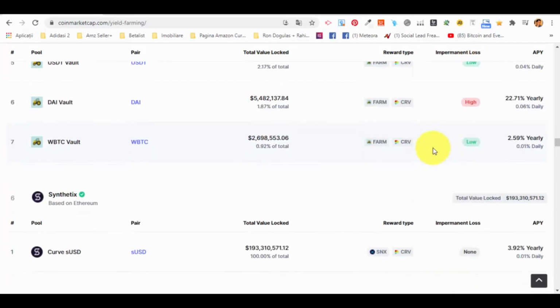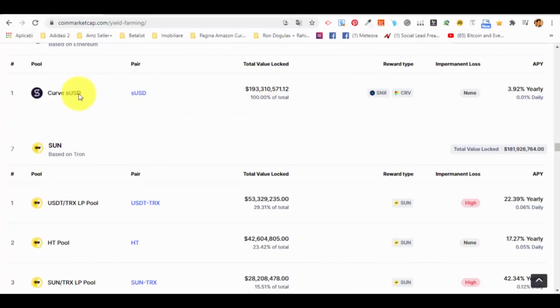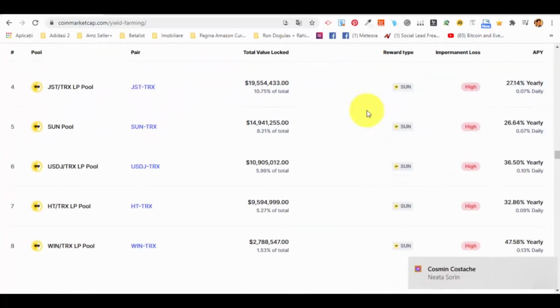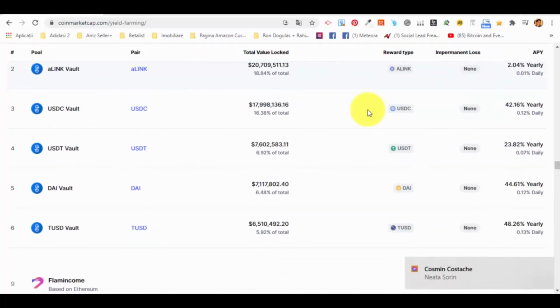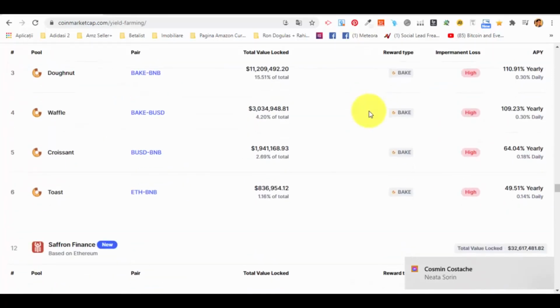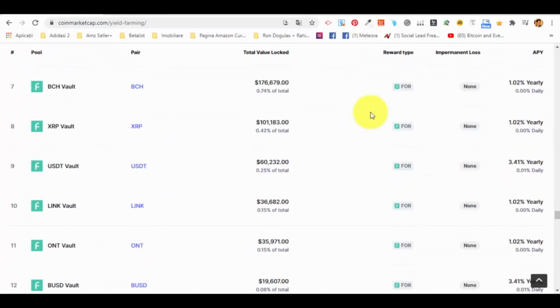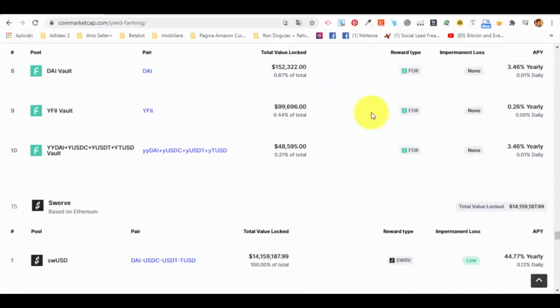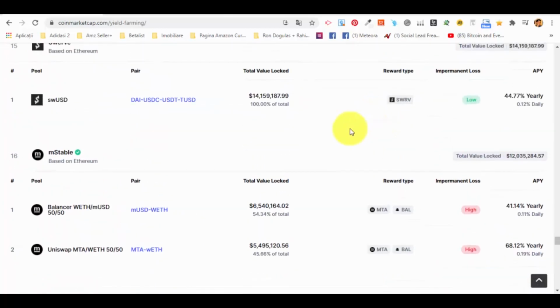Let's scroll down to see what else we have. We also have this pool, with a low impermanent loss rate and a very, very good return per year.